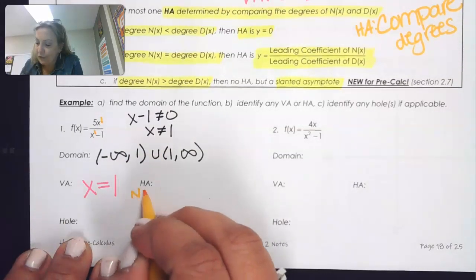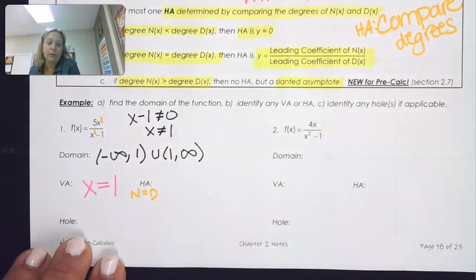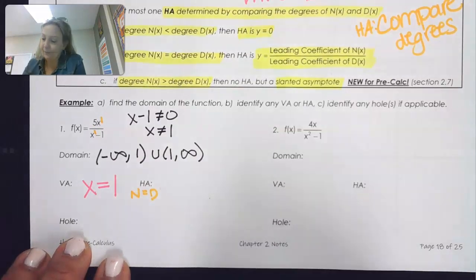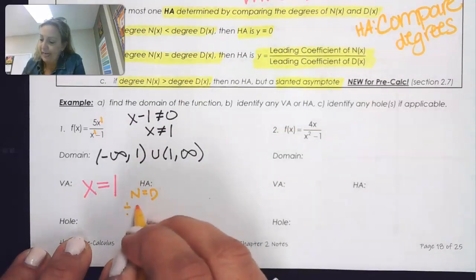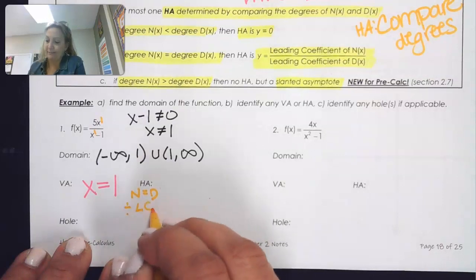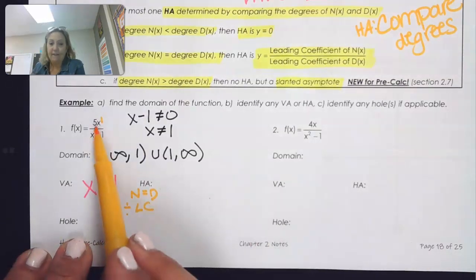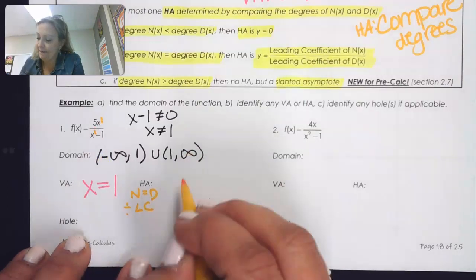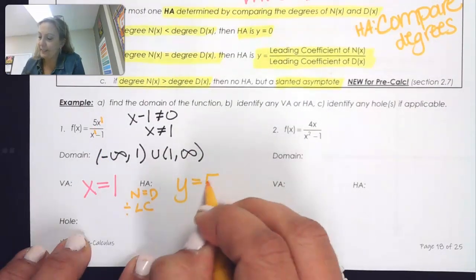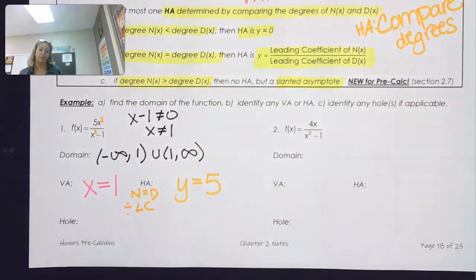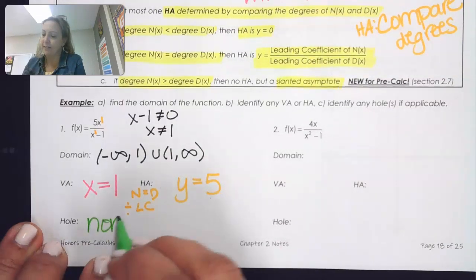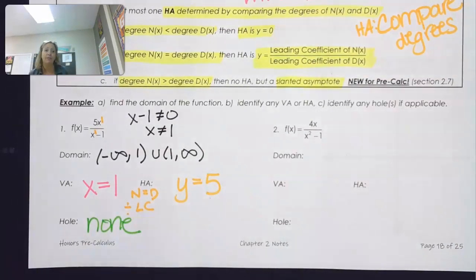So I see that the degree of the numerator is equal to the degree of the denominator. That means I'm going to divide the leading coefficients. So 5 over 1 is 5. My horizontal asymptote would be y equals 5. Holes appear when there are common factors. There weren't any common factors, so this doesn't have a hole. So this probably looks very similar to something that you did last year.